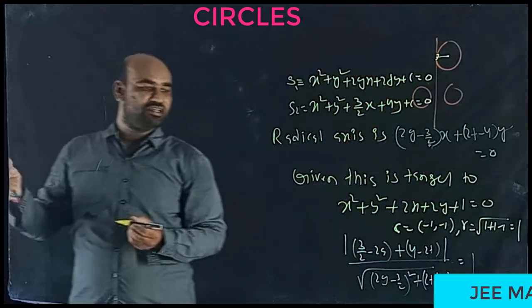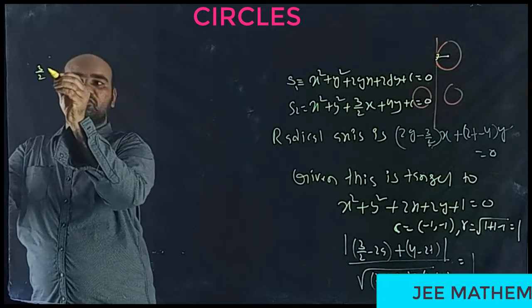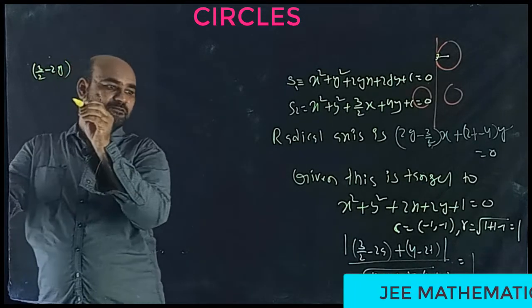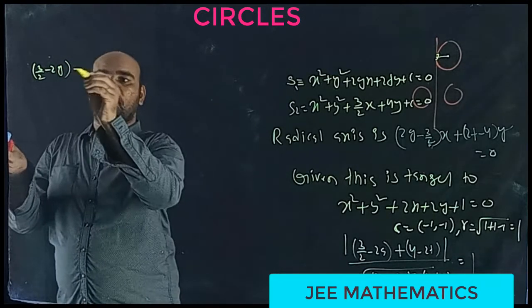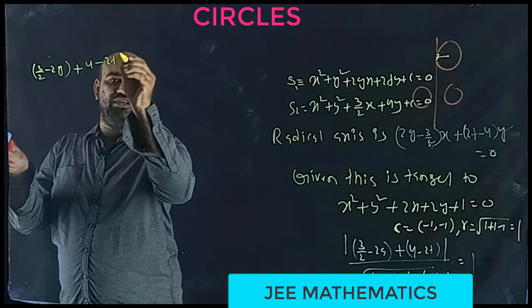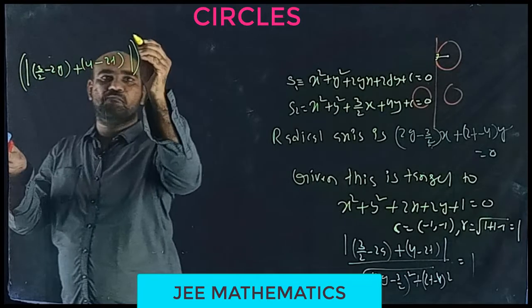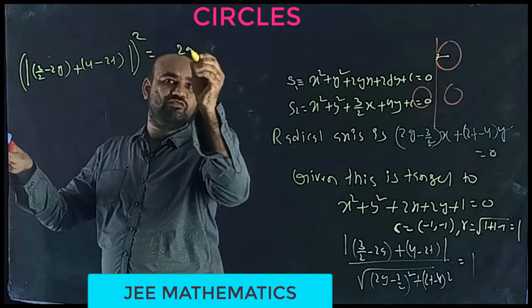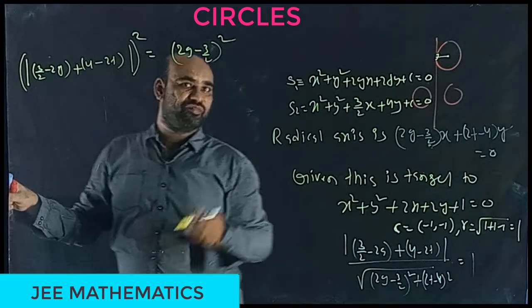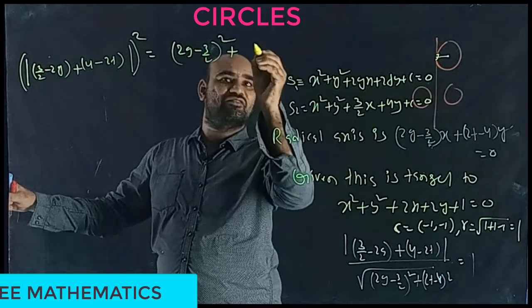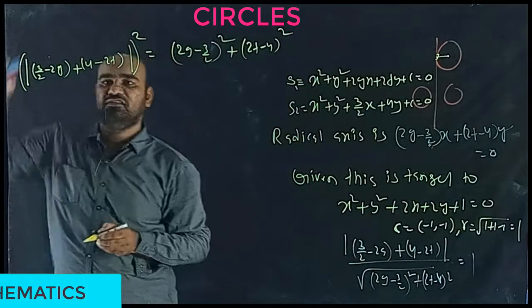Okay, directly squaring: mod of (3 by 2 minus 2g) plus (4 minus 2f), whole square, equal to (2g minus 3 by 2) square plus (2f minus 4) whole square.